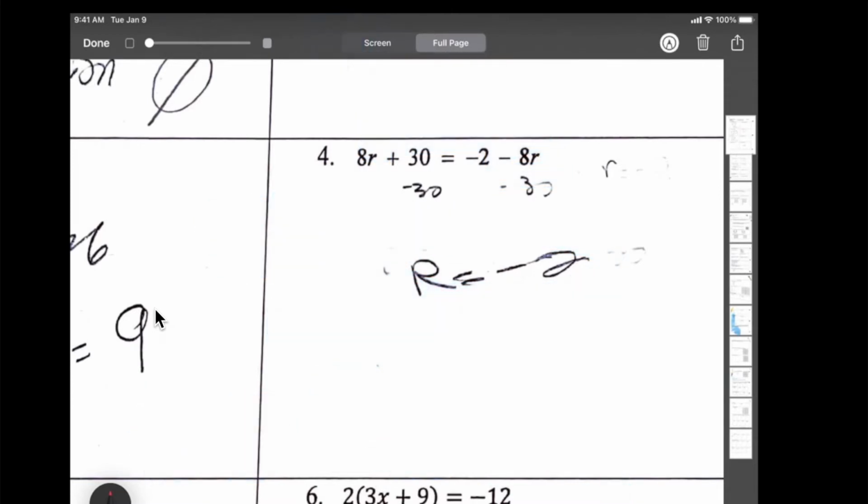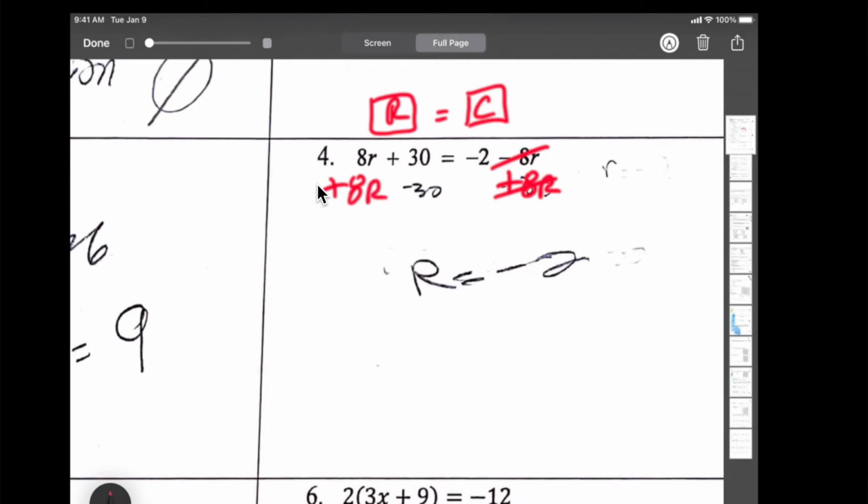So let's review what you had done previously, perhaps. If we wanted to get all the r's on this side and all the constants on this side, meaning all the numbers, one of the first things you might do is add 8r to both sides. That nullifies that, and then you have plus 8r.